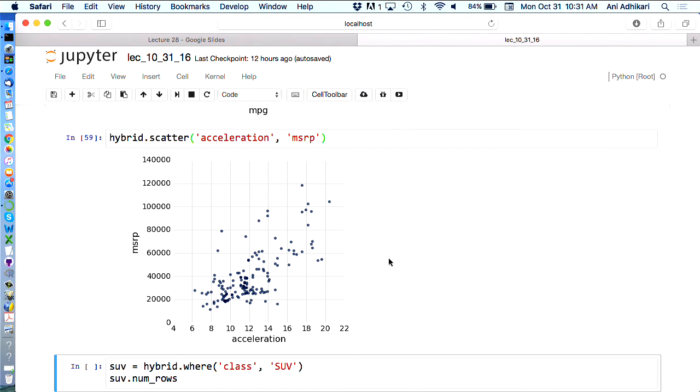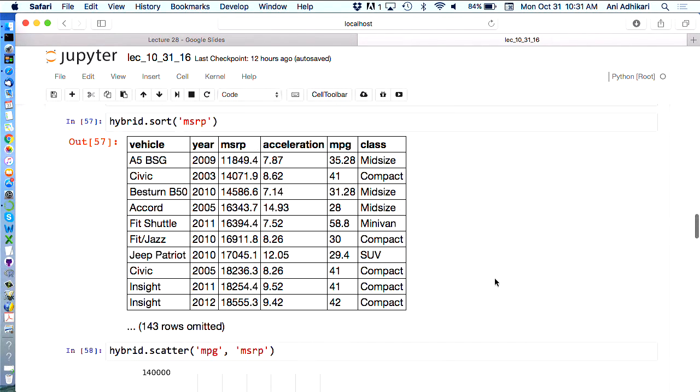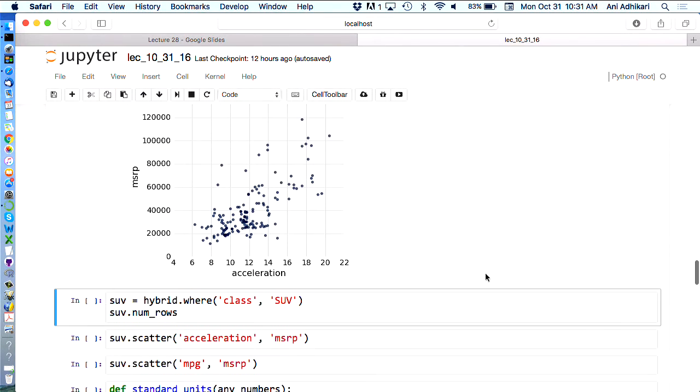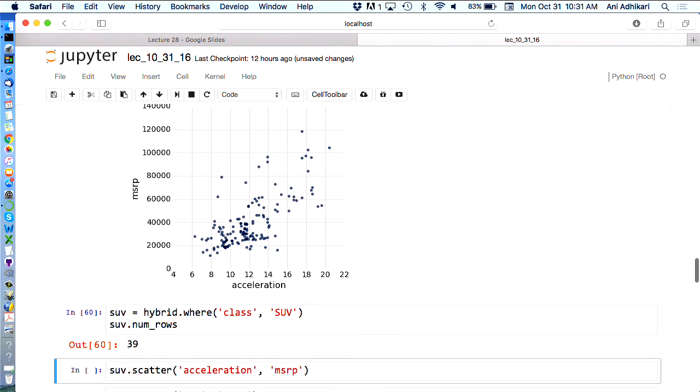But one of the things to be aware of is when you see a curve like that, look at your data. These data are actually not just one entire data set, but there are compact cars, there are minivans, there are this, there's that. Possibly some of those behave differently from others. And so potentially you have some of those in one clutch and the other ones in another clutch. It's well worth sorting out your scatter plot by the different types that you have. And so what did I do? I took the SUVs, and there were about 40 of them.